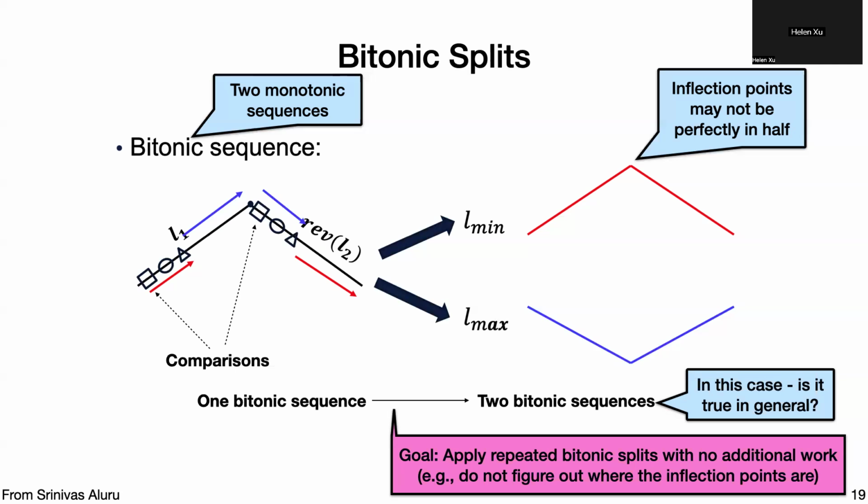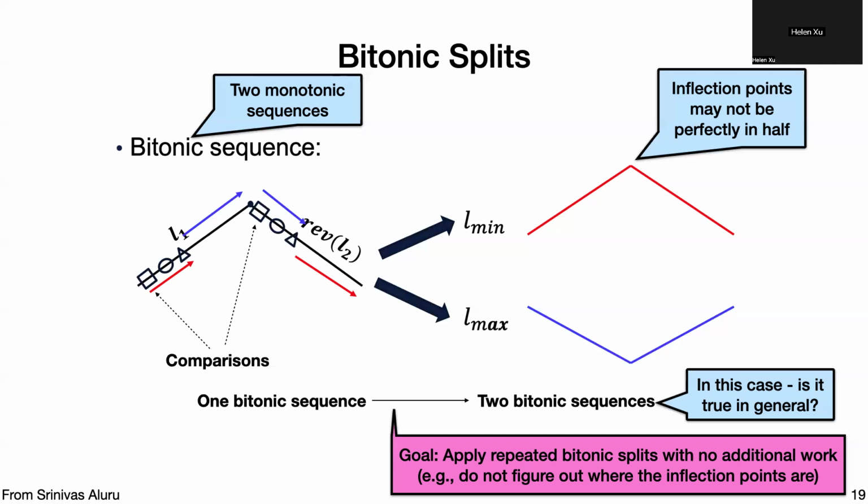And our goal is to avoid the second part of sorting, because we saw that it will screw up the recursion. We want to apply repeated Bitonic splitting, and we don't want to do additional work. We don't want to keep sorting the second half. We wonder if you just keep applying these splits, no matter what you got on this second half here, are you going to keep getting Bitonic sequences? And you don't want to do any additional work.